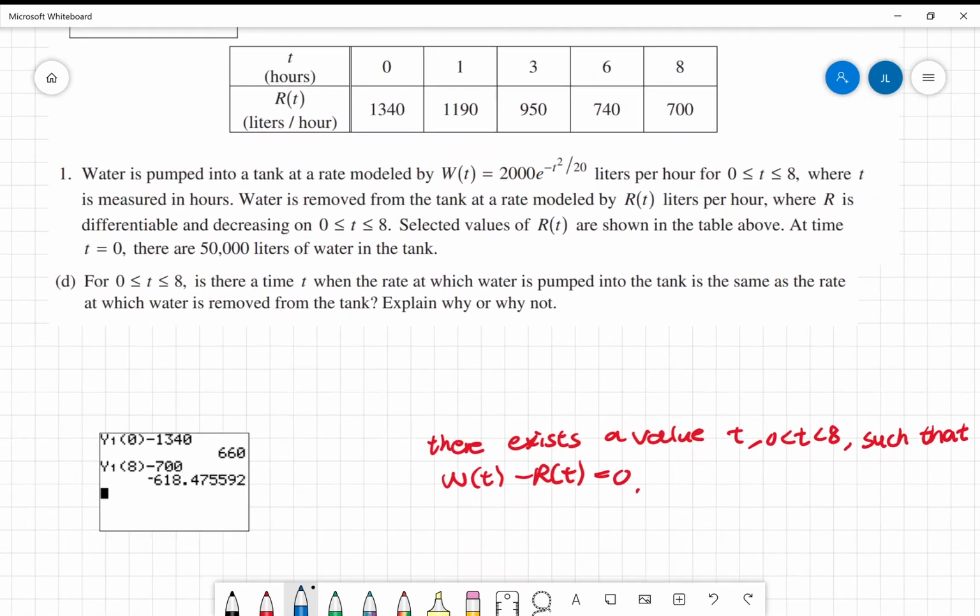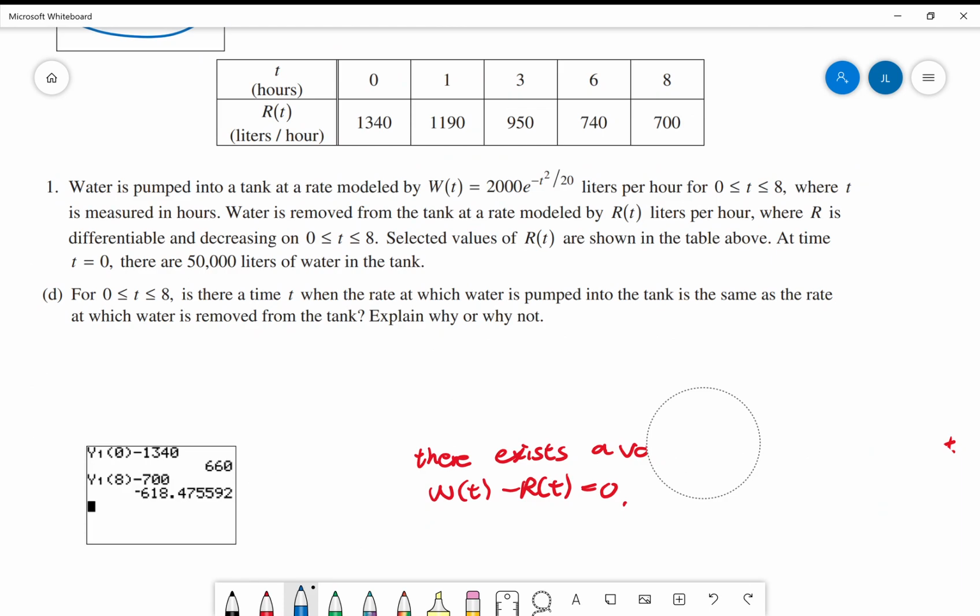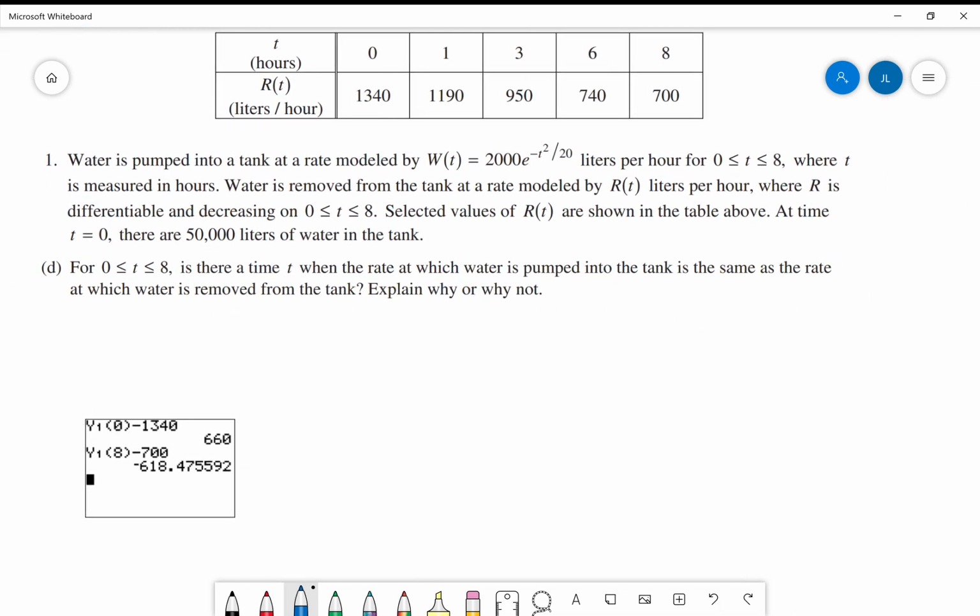Now, letter D. Letter D is a very interesting problem. For t greater than or equal to 0 and less than or equal to 8, is there a time t when the rate at which water is pumped into the tank is the same as the rate at which water is removed from the tank? The word same in math, you should be thinking equals.